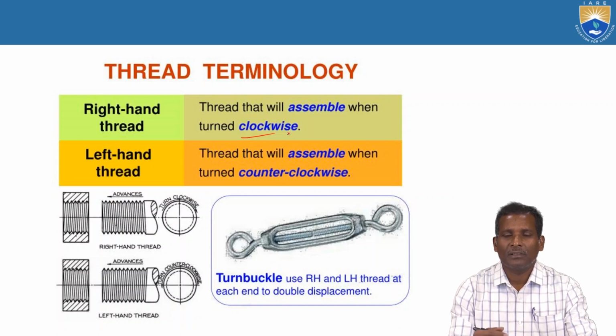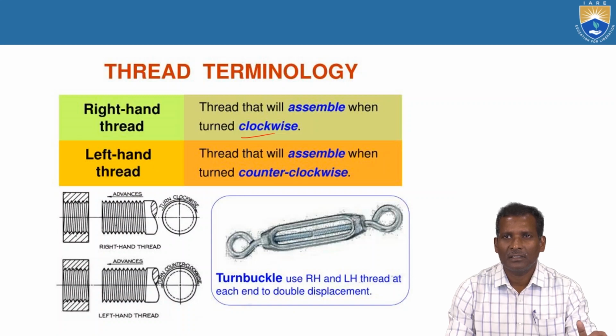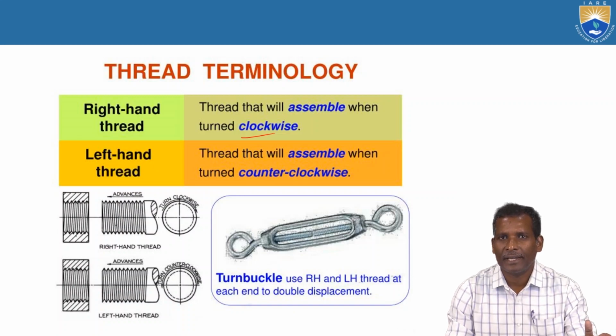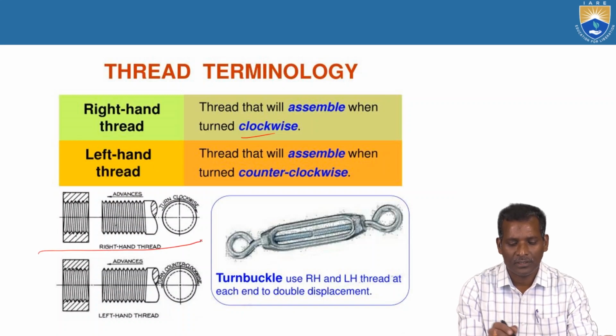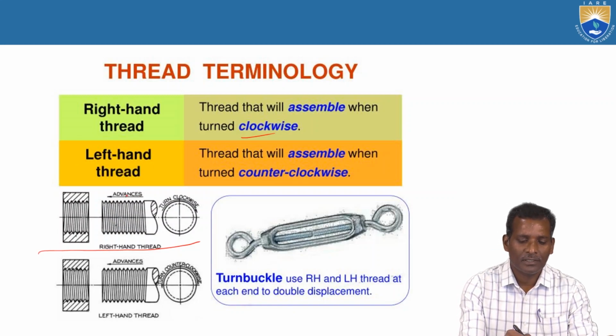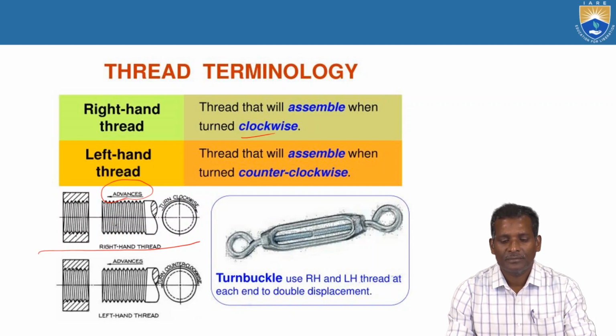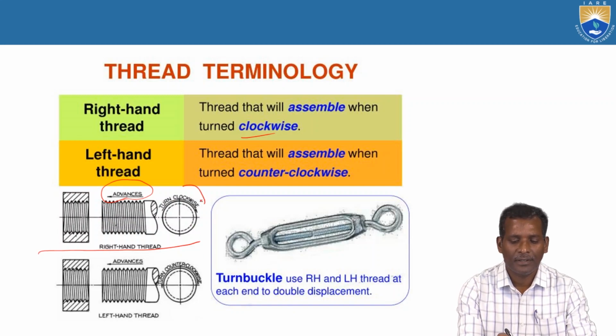Whenever you are rotating clockwise, the thread will assemble in that direction only. That is the right hand type of thread. Already shown in this diagram, the thread advances from right to left. Suppose your direction is clockwise.